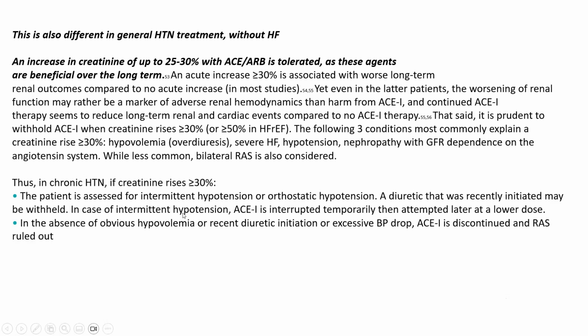In case of intermittent or orthostatic hypotension, ACE inhibitor is interrupted temporarily, then you monitor the blood pressure, then you attempt to restart ACE inhibitor later at a lower dose. Now, in the absence of obvious hypovolemia or recent diuretic initiation or excessive or intermittent BP drop, ACE inhibitor is generally discontinued and renal artery stenosis ruled out.